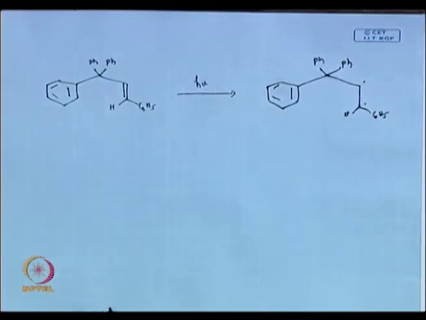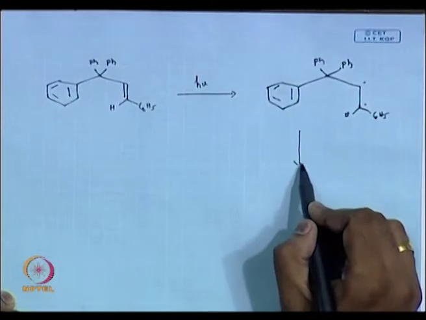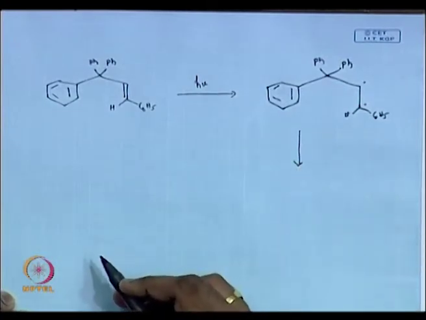Because in the previous case you said just 1,2 hydrogen shift. In this case, it does the di-pi-methane rearrangement.